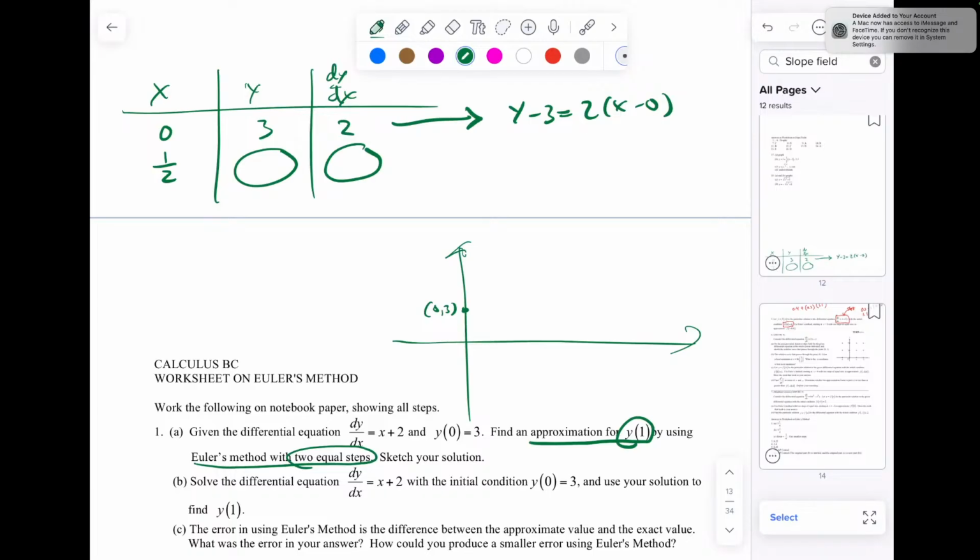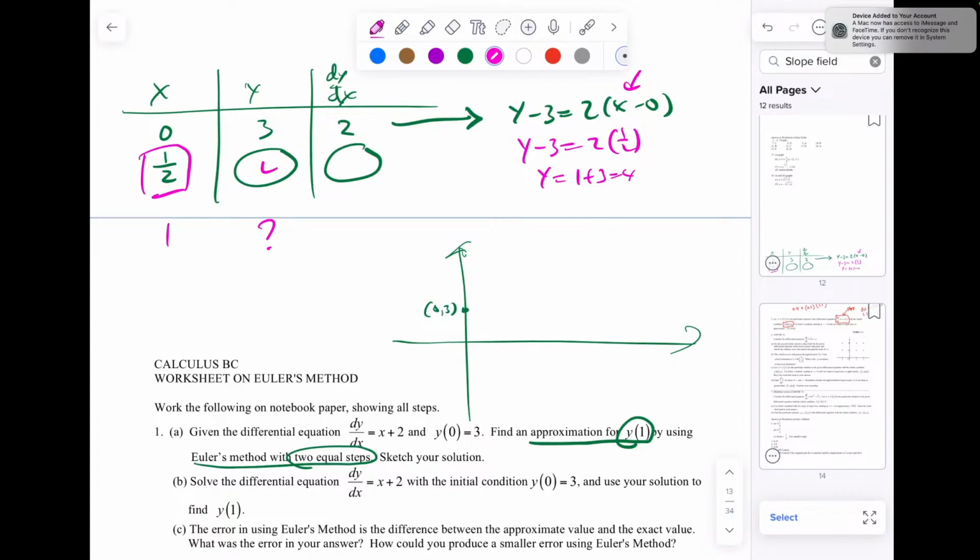Now, what is the first point I'm going to be using? I'm going to use 1/2. Eventually I want to know what happened with 1. This is what we want to know: what happened when x is equal to 1, but we're going to start at half. So can I just plug in half here? It'll be y minus 3 equal to 2 times 1/2, so y equals 1 plus 3, which is equal to 4.